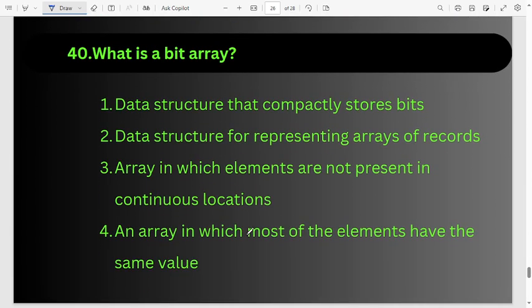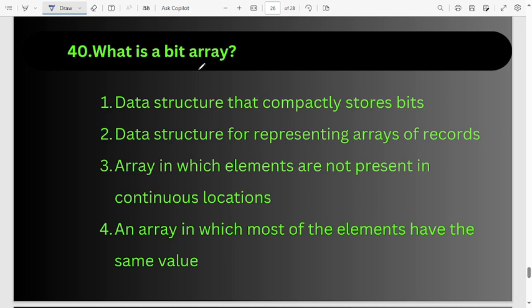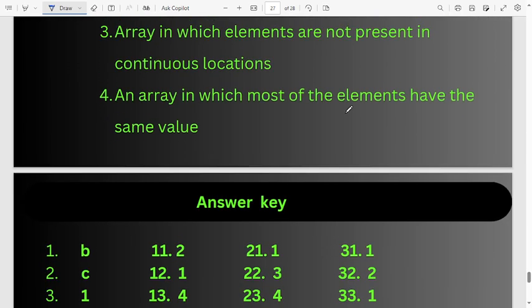Now the last question is, what is a bit array? Bit array is a data structure that compactly stores bits. Data structure for representing array of records. Array in which elements are not present in continuous location. An array in which most of the elements have the same value. The correct answer will be data structure that compactly stores bits.